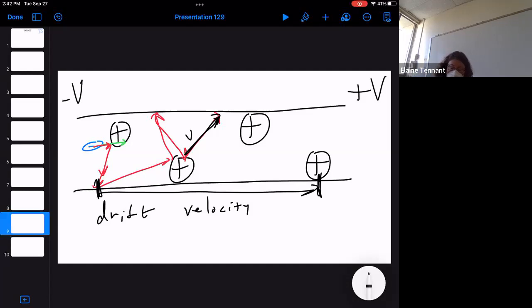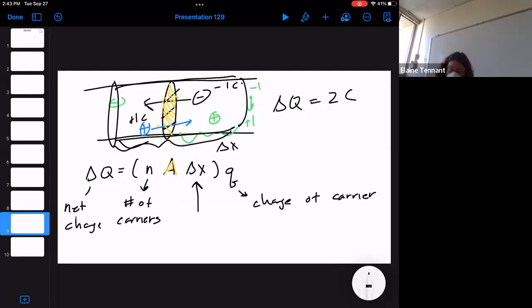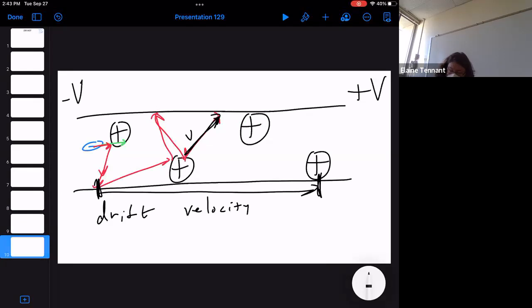What that means is that in terms of this delta x here, that'll be how far a charge can go in some amount of time. So this is like a distance equals rate times time sort of thing. Everyone good? Okay, distance equals rate times time.